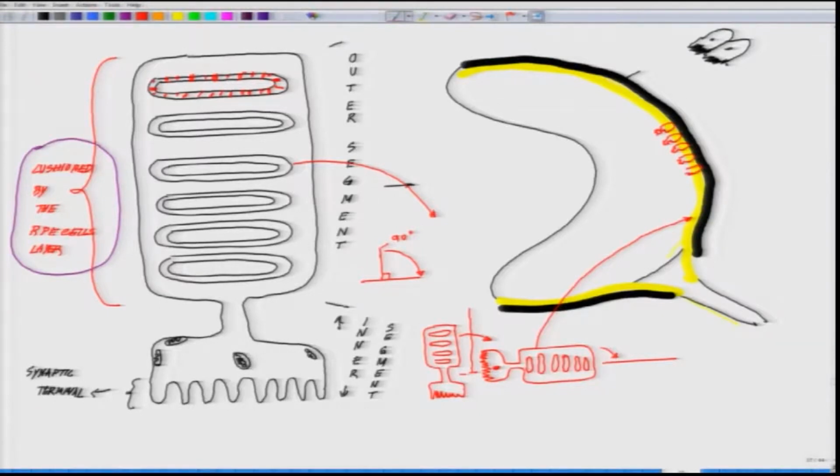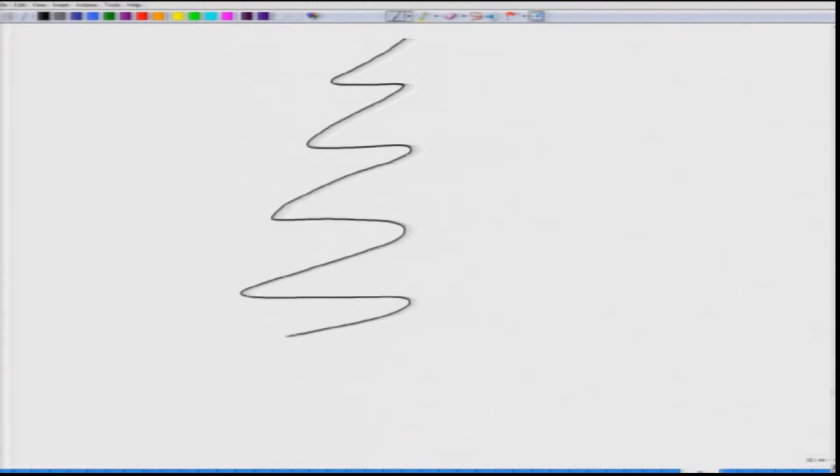So before I proceed further about the structure of the retina, let me introduce the next cell, which is the cone cells. The cones, on the contrary, actually look very similar to the cones. Now, if you look at the cone cell geometry, they are more like this, something like this.